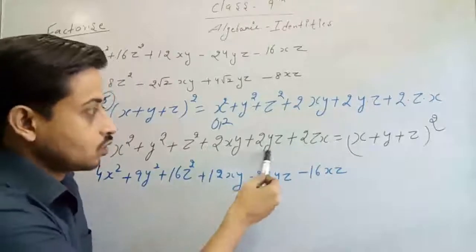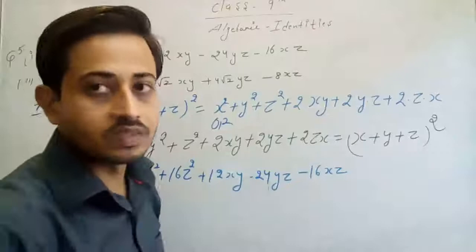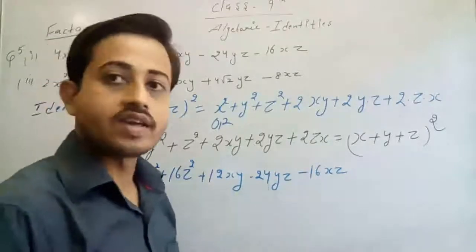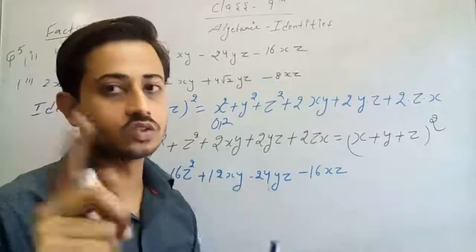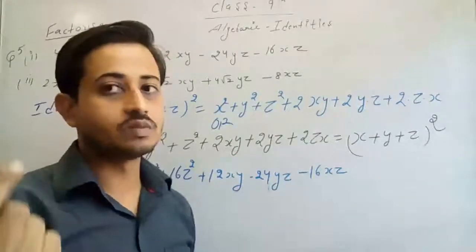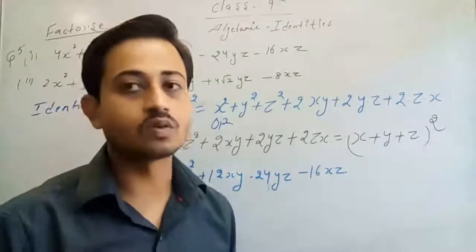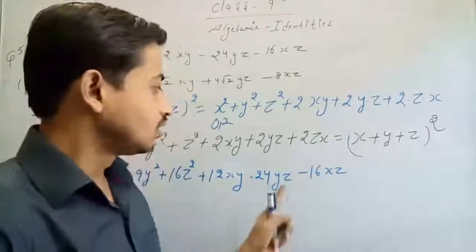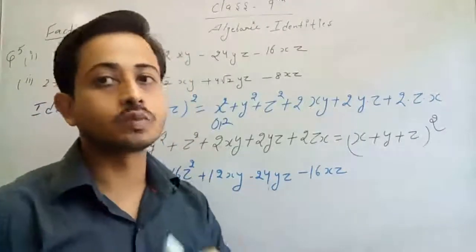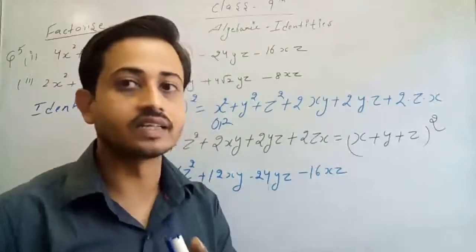Now look at 2yz is positive, but in 24yz, y and z are two terms and they are multiplied. You know the multiplication will be negative only when one of the terms is negative, because negative multiplied by positive gives negative. So either y is negative or z is negative.